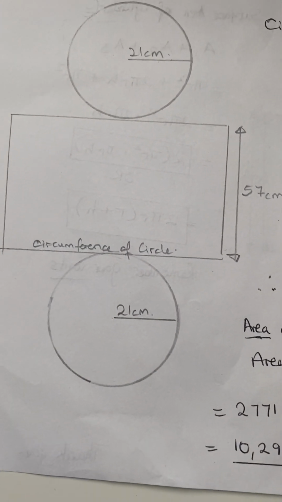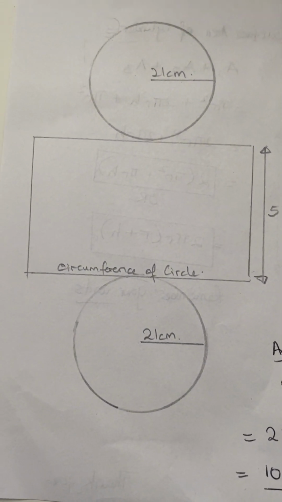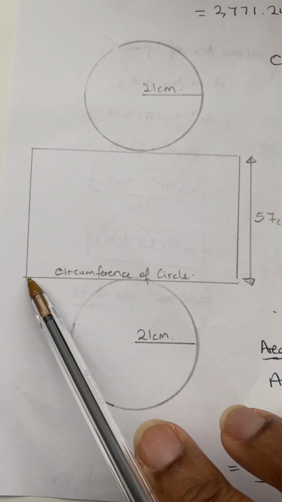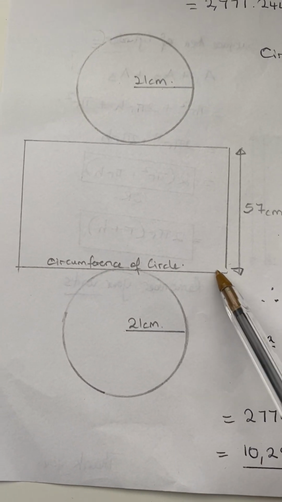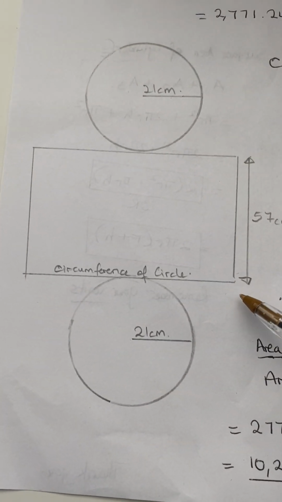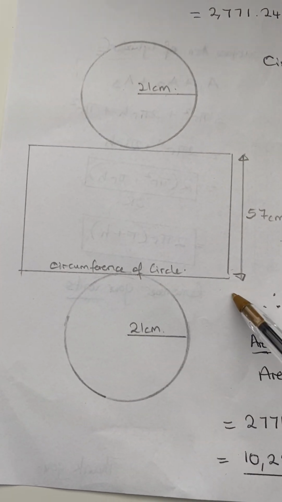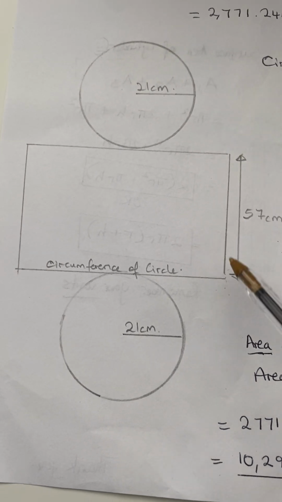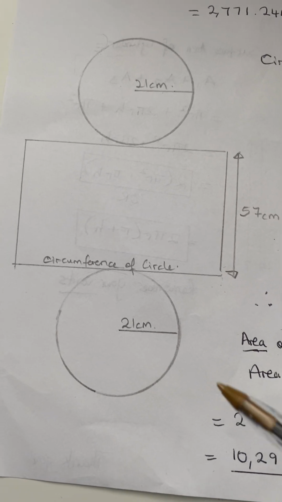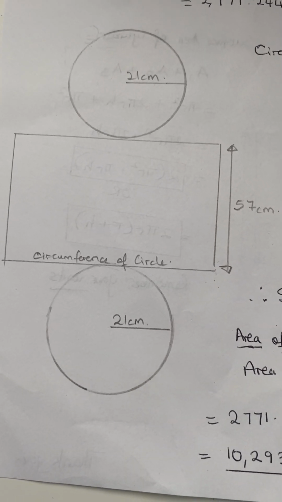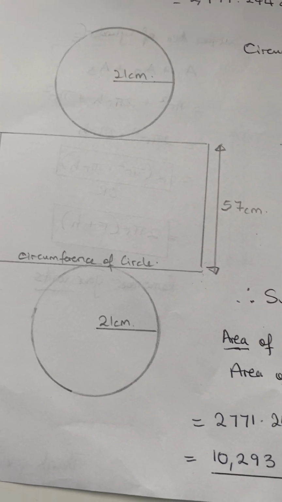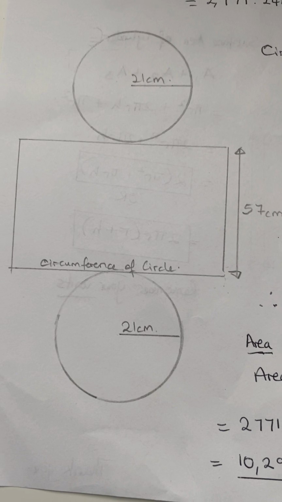Here I've drawn the same picture, which they won't tell you, and this length here is the circumference, because if I wrap it all around, that will be the circumference. If I can find the circumference and multiply by the length of the whole cylinder, that will be my surface area for the round part of the cylinder.